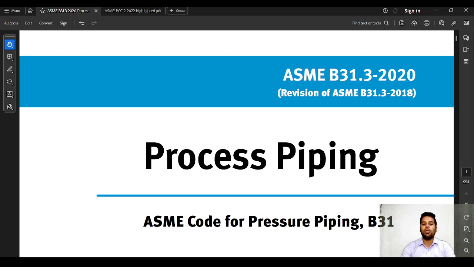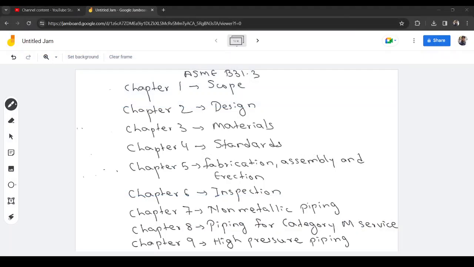So when you talk about ASME B31.3, this code is divided into various chapters. The chapters are something like this. The first chapter is going to talk about the scope of ASME B31.3. Chapter 2 is going to talk about design requirements. Chapter 3 is going to talk about the materials required for the design, or what should be the material that you can use for the design, what would be the yield stress, what would be the impact testing requirements, and all of those things.